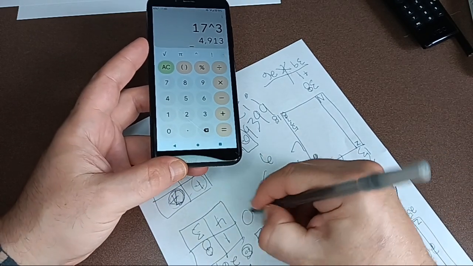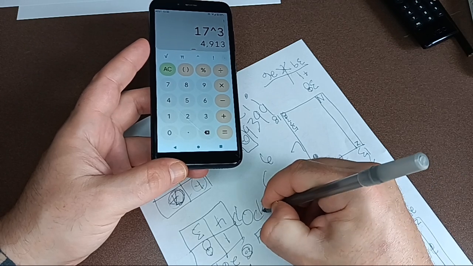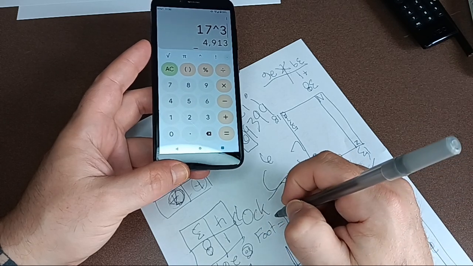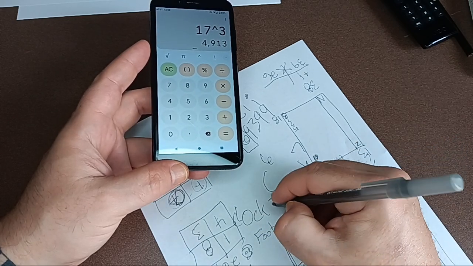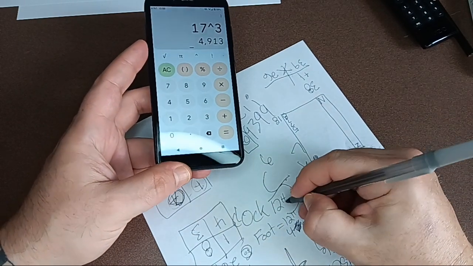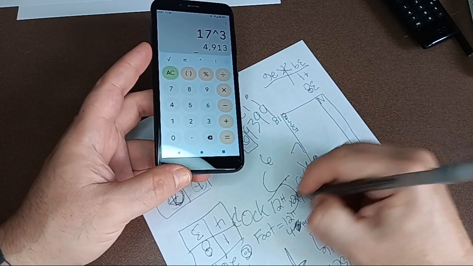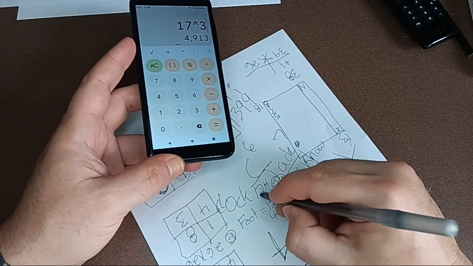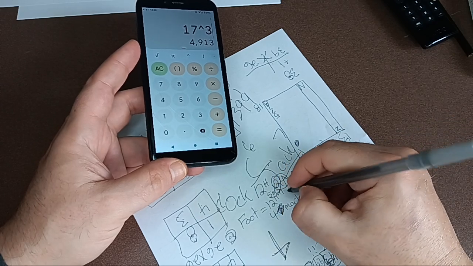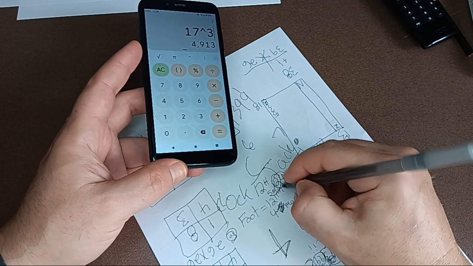And then a clock. A clock has 12 hours. Okay. So, and that's times 2. So it could be 24. All right. But anyways, that has 5 minutes per number, per measurement, because there's 12.